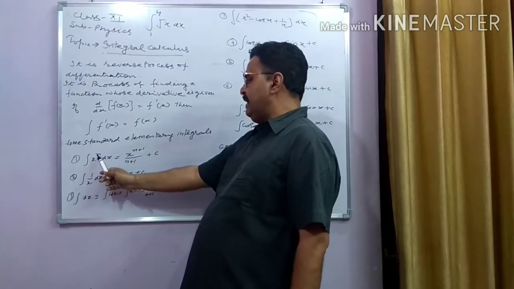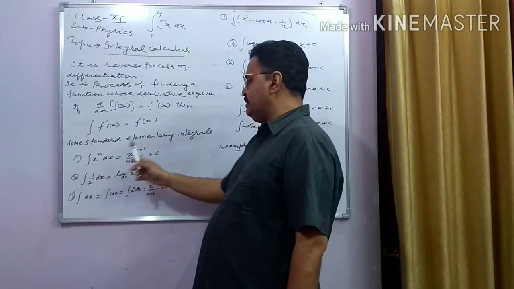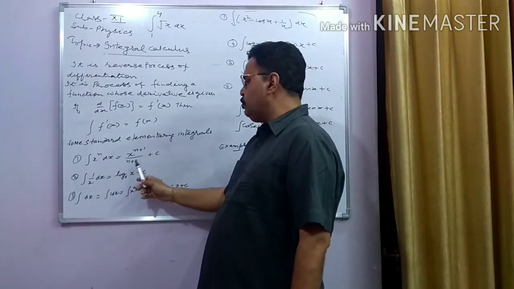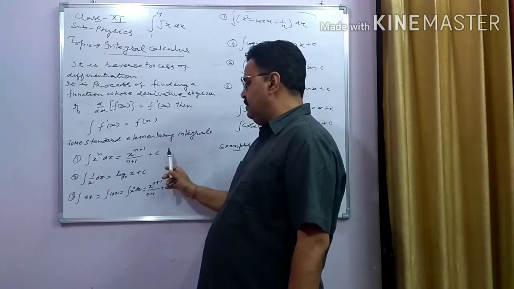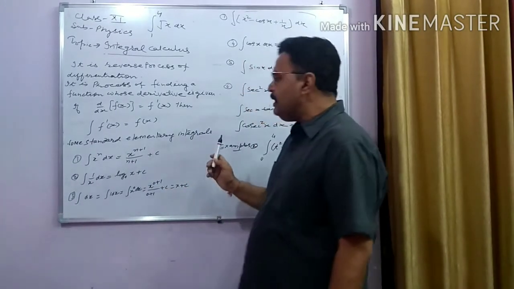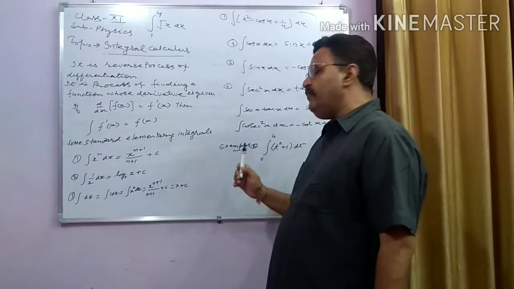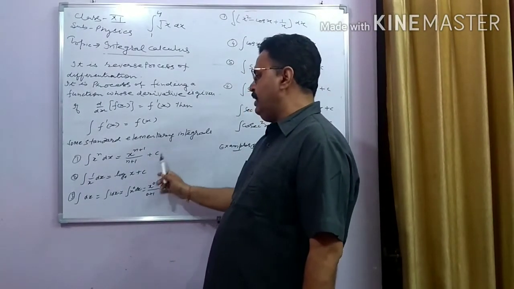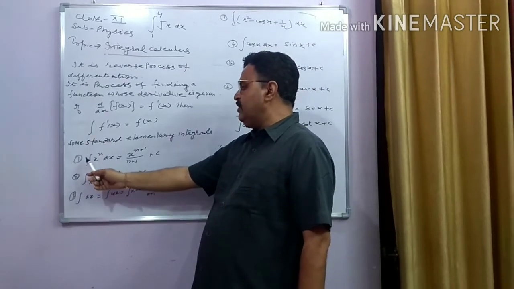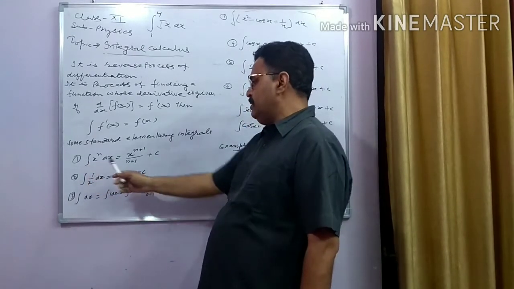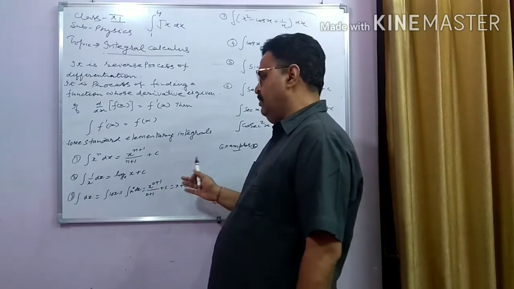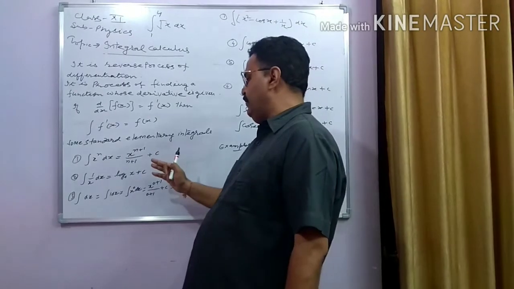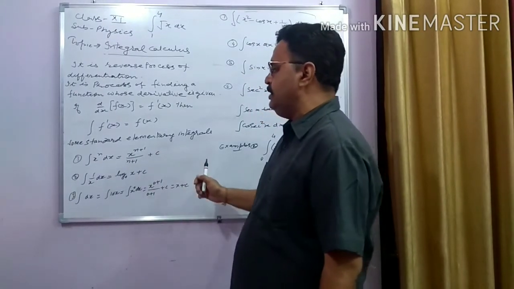Means to integrate x raised to power n, we just increase the power by 1 and then we divide it by the new power. Plus c. C is an integrating constant or constant of integration. This we use when there is no limit for integration, or you can say indefinite integrals. If there is a definite integral, then we can remove this c, or we cannot take this integrating constant.